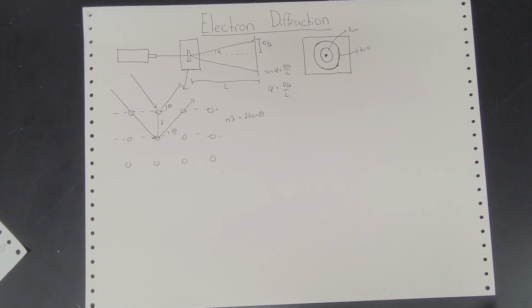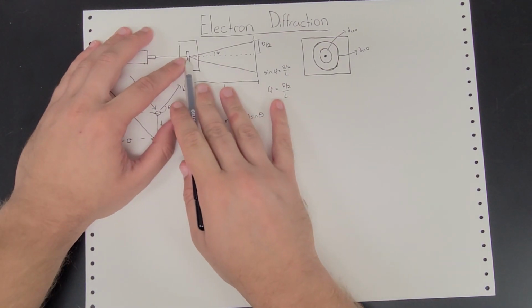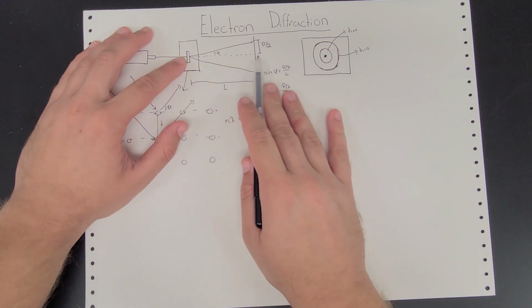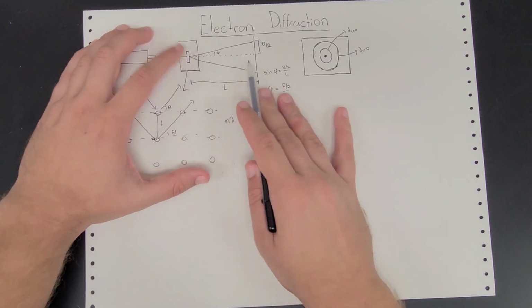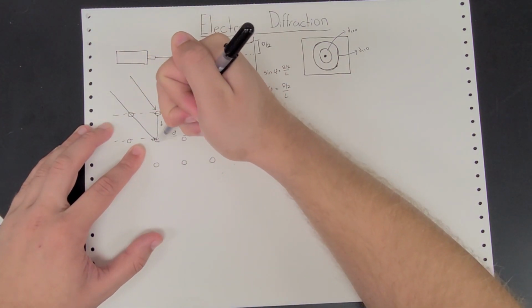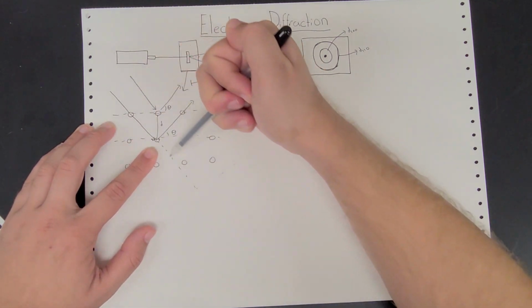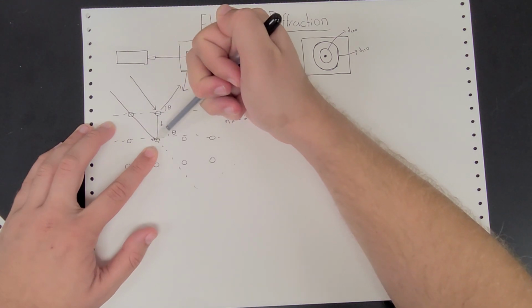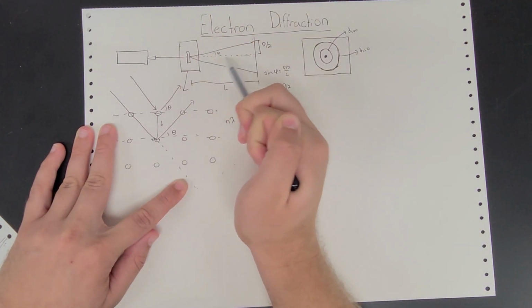Phi is the angle between the particles that just pass straight through our sample without getting diffracted and the reflected beam. If we compare that to this picture down here, this line of incoming beams of electrons that just pass straight through the sample is the same as this line going across here.